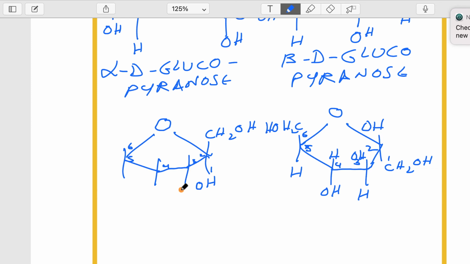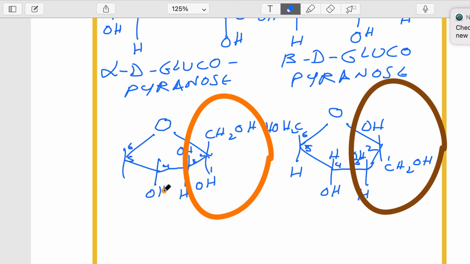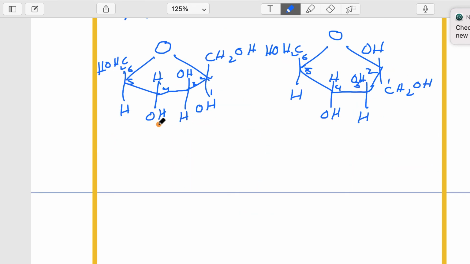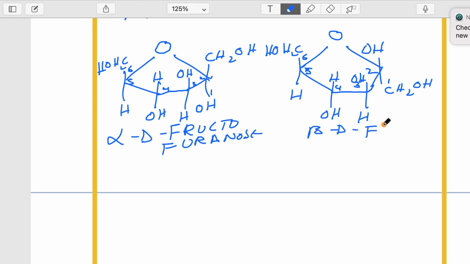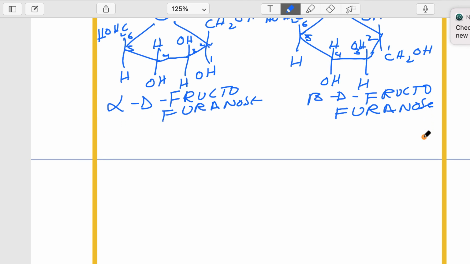Again H, OH, OH, H, CH2OH. It is called alpha D fructofuranose and beta D fructofuranose. This is about the furanoses and pyranoses.